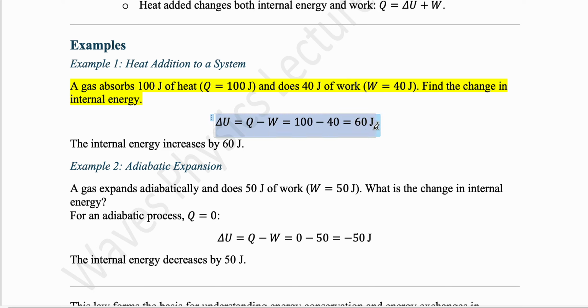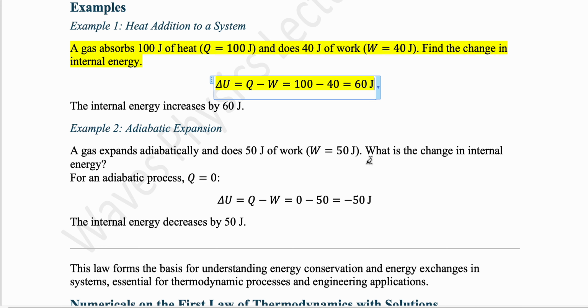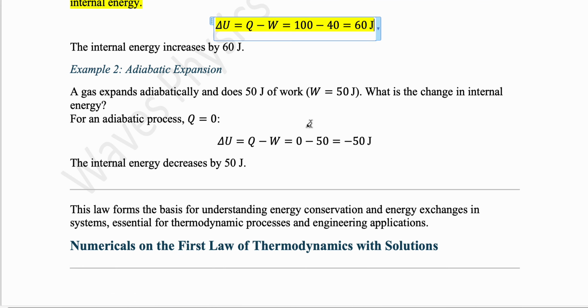This is very simple because here they have not mentioned whether it is an isobaric process, adiabatic process and so on. Simple question. If you look into something like this, let's say an adiabatic process, we know that in an adiabatic process q is 0. So the question says the gas expands adiabatically and does 50 joule of work.